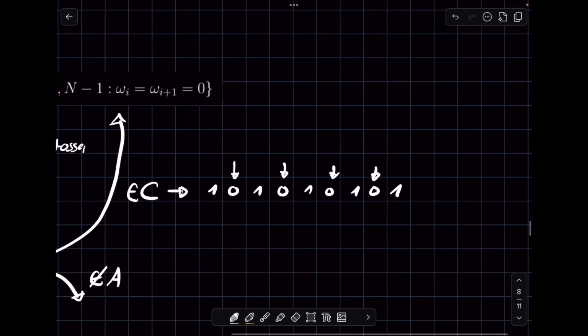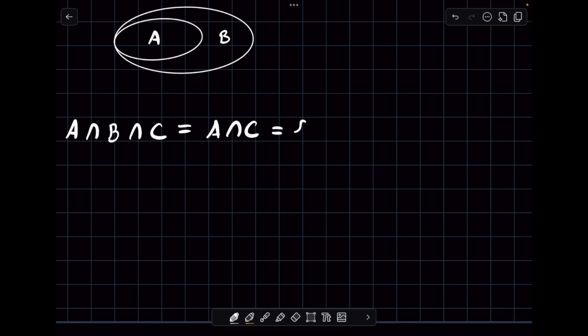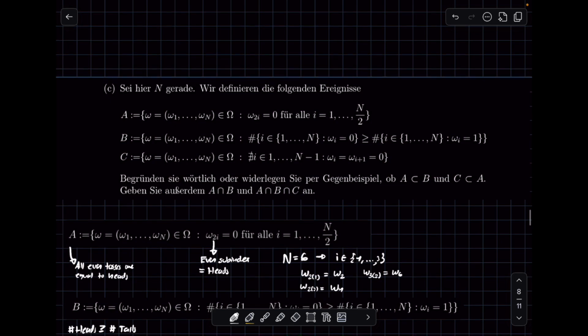You see? So in this sense, we can say simply that this would be the set where we have 1 0 1 0 1 0, boom boom boom, and that's it. That's how you solve exercise C. So yeah.